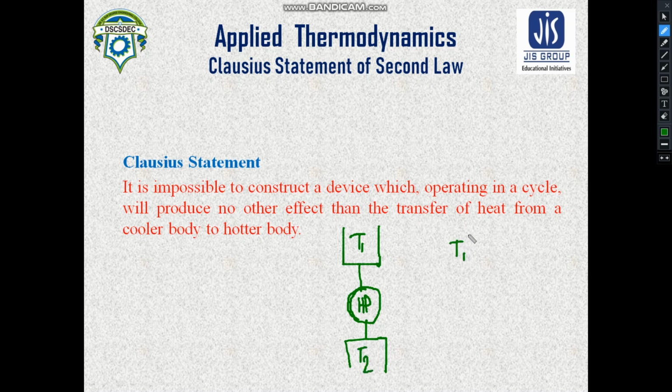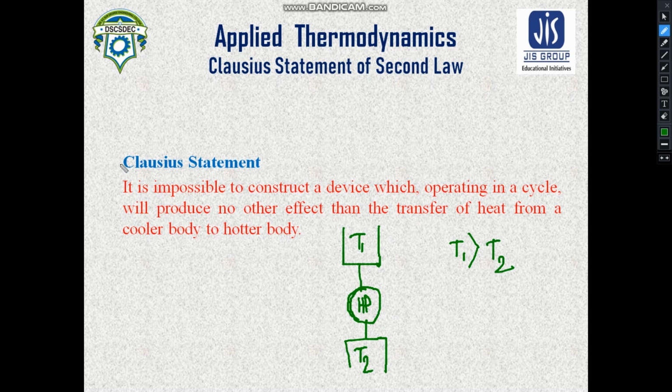T1 is greater than T2, right? Since T1 is greater than T2, by virtue of temperature difference, by spontaneous processes, heat will transfer from high temperature, that is T1, to the low temperature T2.